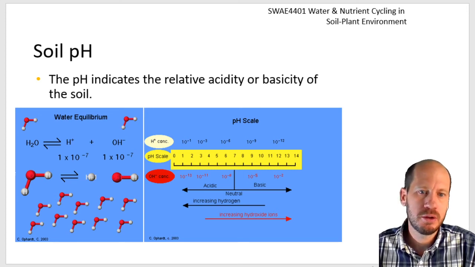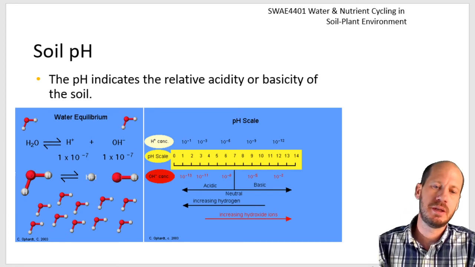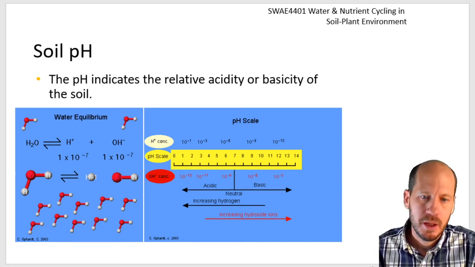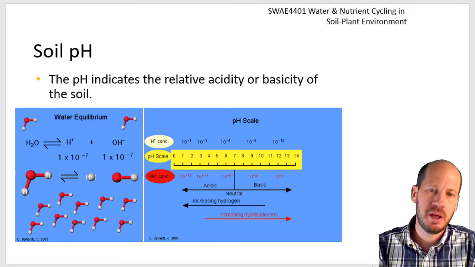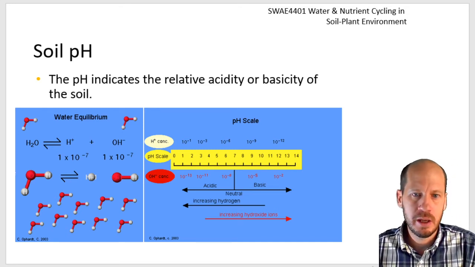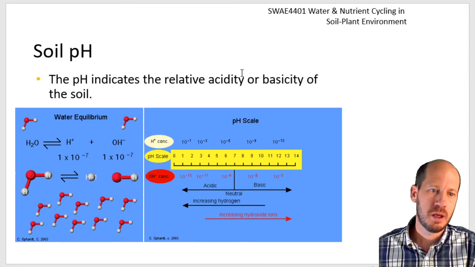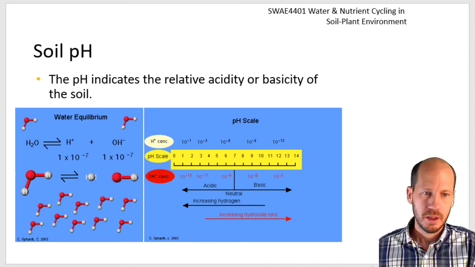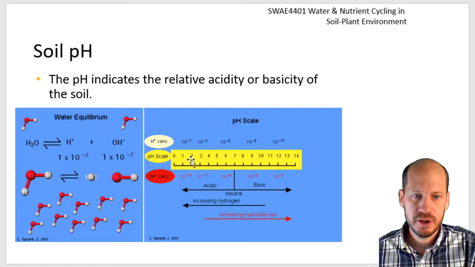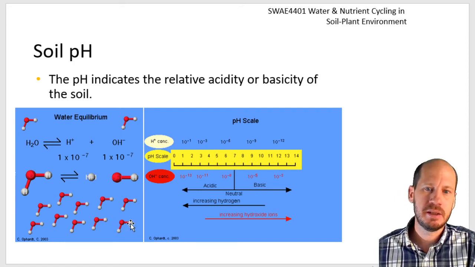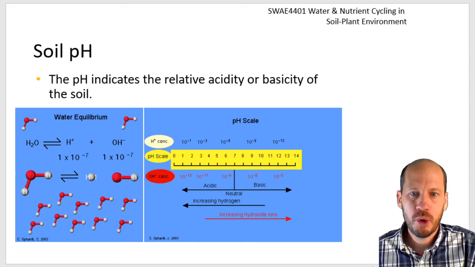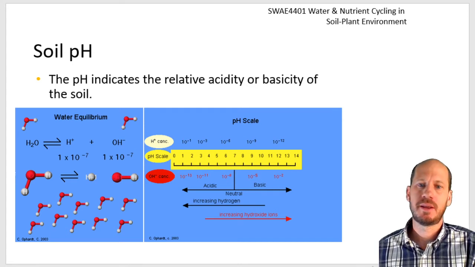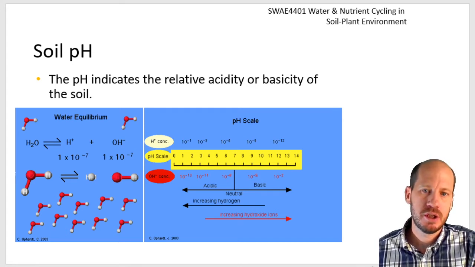If you increase the amount of protons, you decrease the pH. If you decrease the concentration of protons, then you increase the pH. So it's a log scale, an inverse log scale. How does it work? If you change 1 point of pH, you change the concentration of hydrogen 10 times.